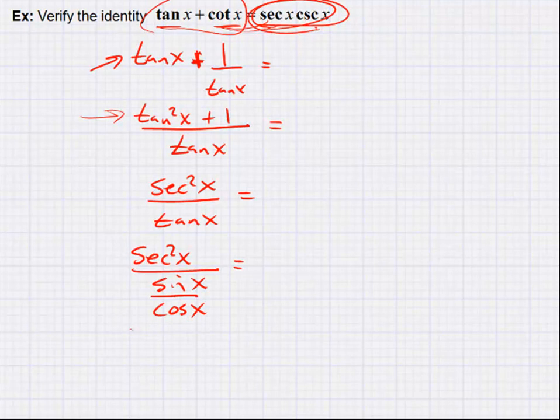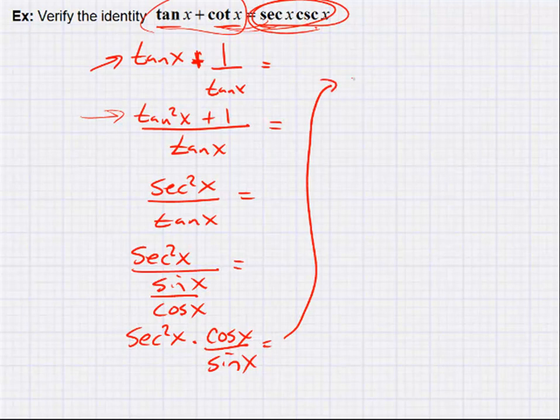So then I'm going to say, alright, then this is secant squared x times flip and multiply cosine x over sine x. Then what I'm going to do is I'm going to say this, I need more room, so I'm going to write this here, is secant squared x times cosine x times 1 over the sine x.